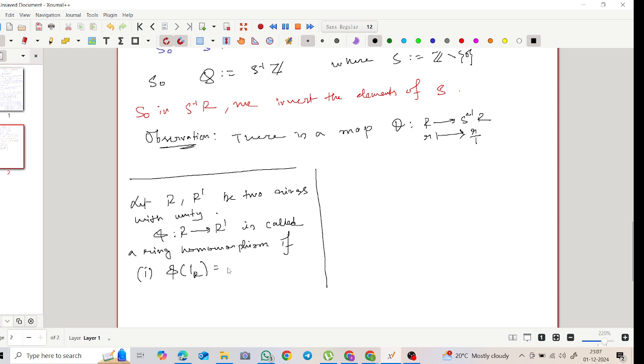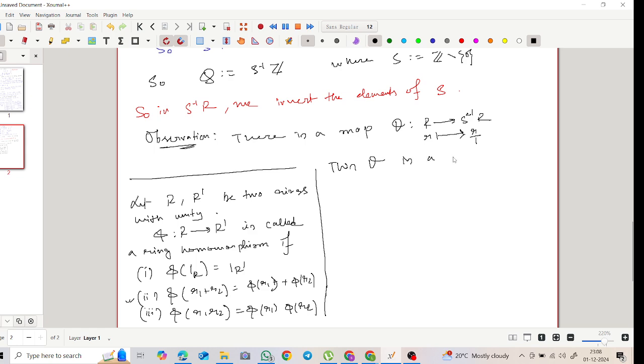Phi of 1_R equals 1_R prime. Bhushan, that's the definition of a group homomorphism, okay? So a ring homomorphism should be a group homomorphism primarily. This theta is a ring homomorphism.